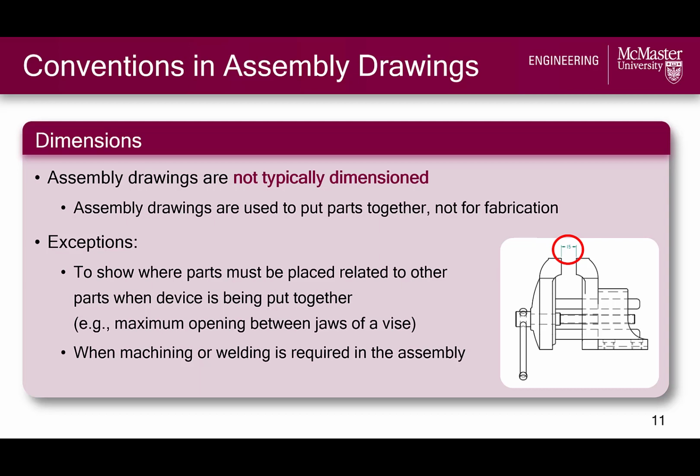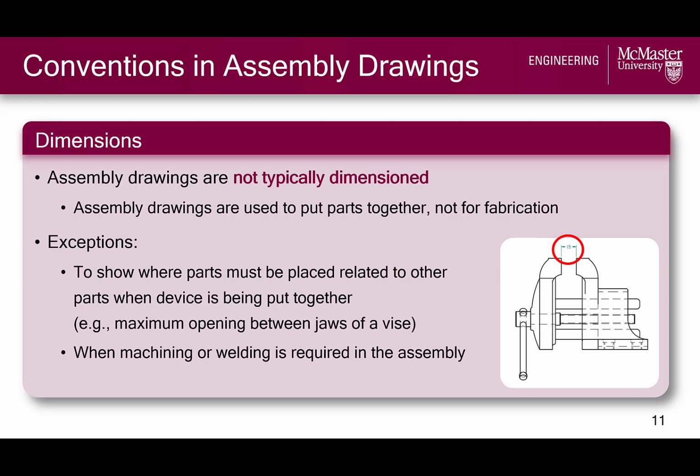For instance, assembly drawings may include dimensions such as the maximum jaw opening of a vise, as seen to the right, although to be honest, this image probably doesn't show the maximum opening. Dimensions may also be included for assembly information when machining or welding is required. Otherwise, if the dimensions are provided in detailed part drawings, then there is no need to repeat them in the assembly drawing.